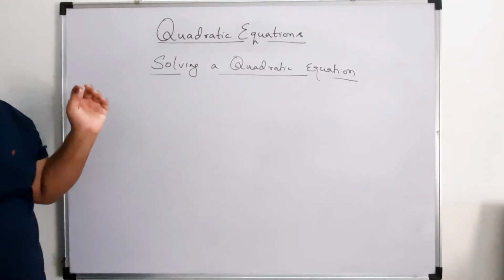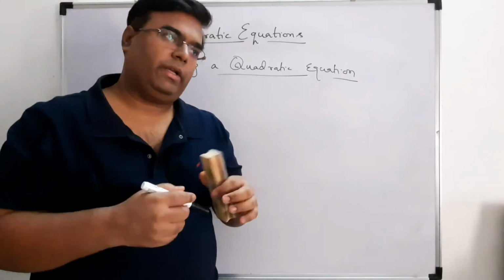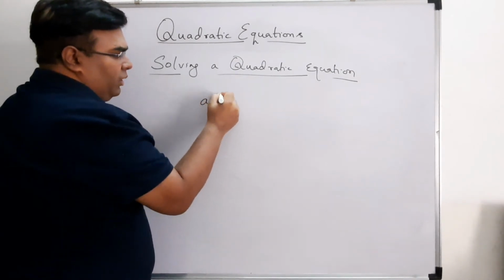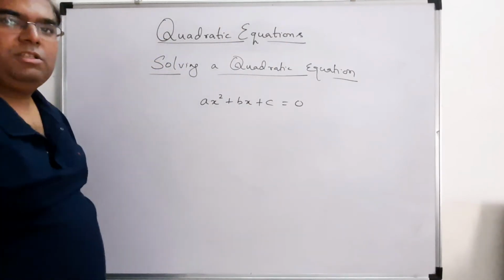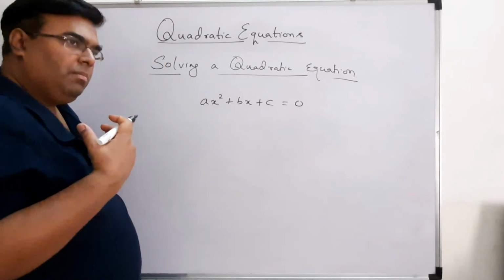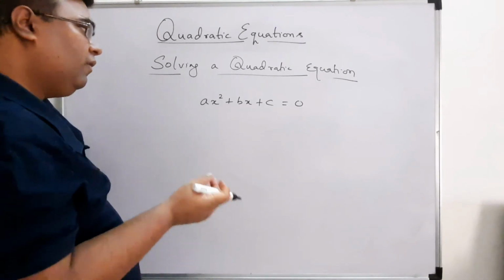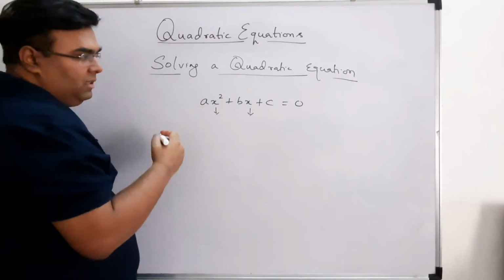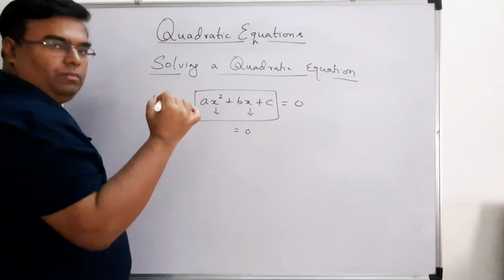Now the topic is solving a quadratic equation. What is the meaning of solving a quadratic equation? We have just seen that one of the general forms of a quadratic equation is ax square plus bx plus c is equal to 0. Now solving a quadratic equation means finding a value of x so that if you put that value in x, the whole term, this LHS, will become 0.